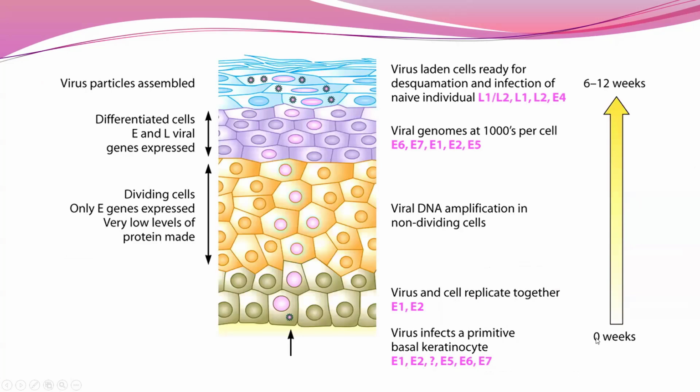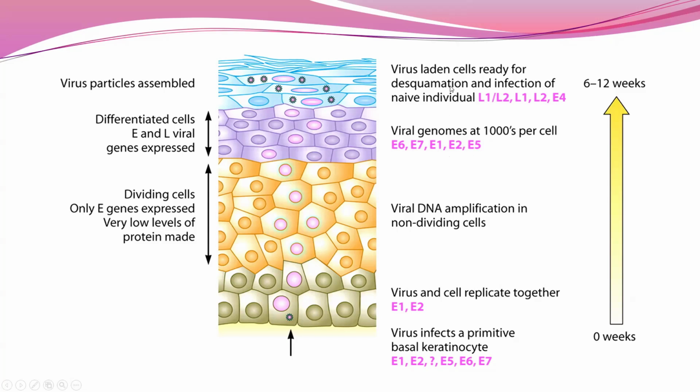From infection at 0 weeks up to 6 to 12 weeks, it's a slowly progressive disease. You can see the virus infects a primitive basal keratinocyte. Then the early genes are involved, and the virus and cell replicate together. E2 is involved in viral DNA amplification in non-dividing cells, with viral genome at thousands of copies per cell; E6, E7, E1, E2, E5.